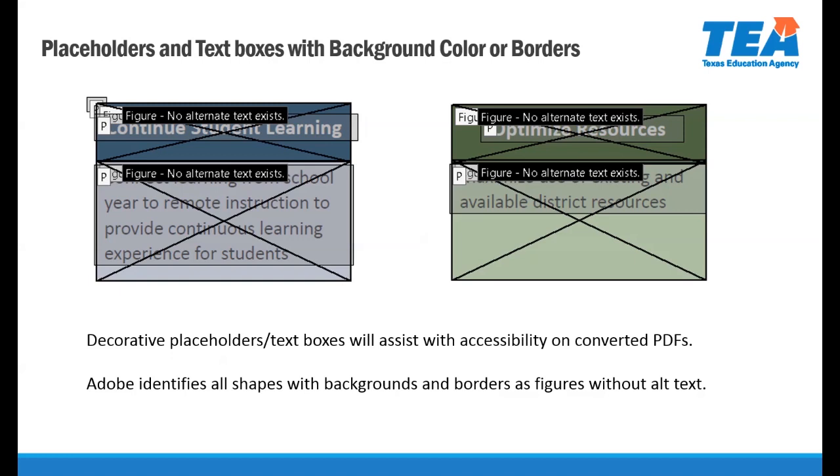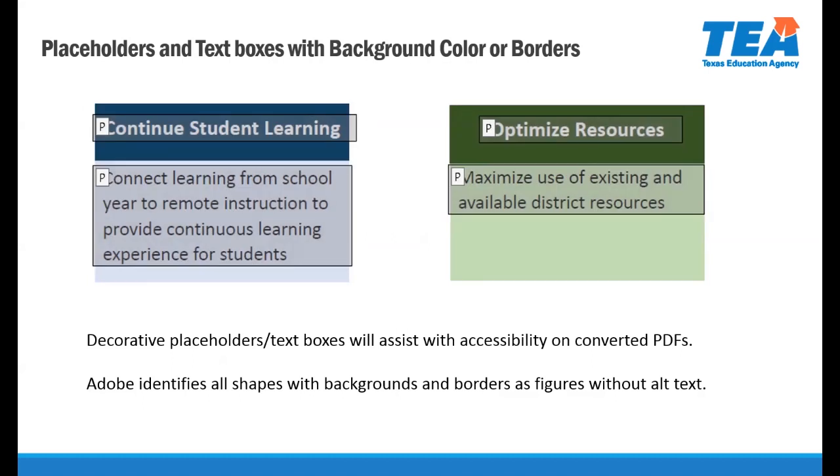The document will have extra figure tags that are not needed and without alt text, which will cause errors in the accessibility checker. You will also be required to do extra steps in Adobe to make your document accessible. Marking placeholders as decorative will convert your document to a better tagged and readable document, which will help with accessibility.